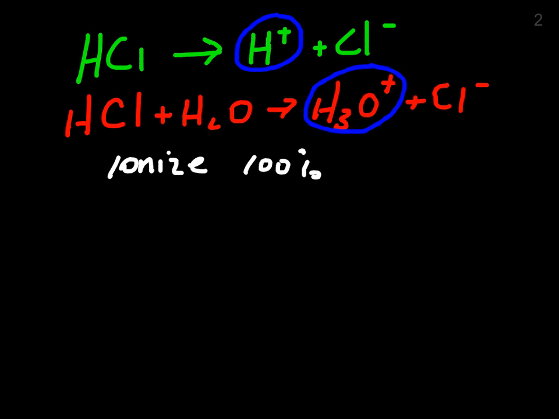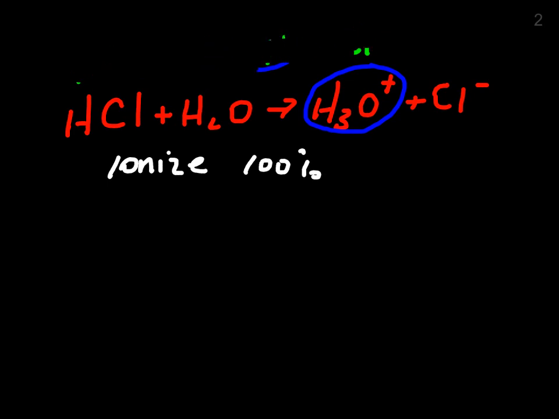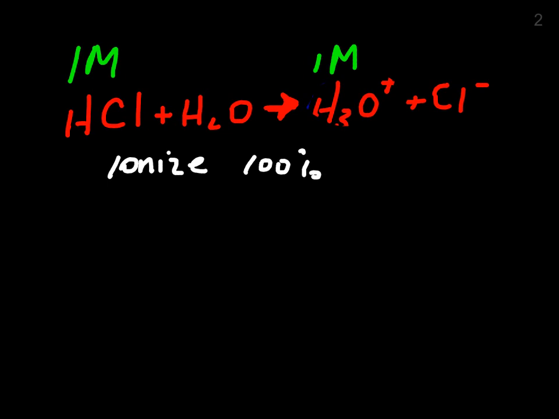Because it ionizes 100%, if I have a 1 molar solution of hydrochloric acid to begin with, I'm going to end up with an acid that has a 1 molar concentration. I'm also going to get a 1 molar concentration of chloride ions, but they're spectator ions and nobody cares about that.